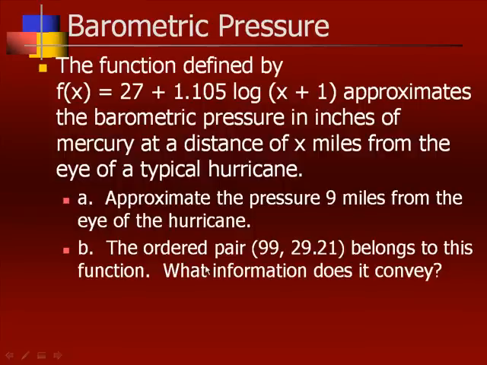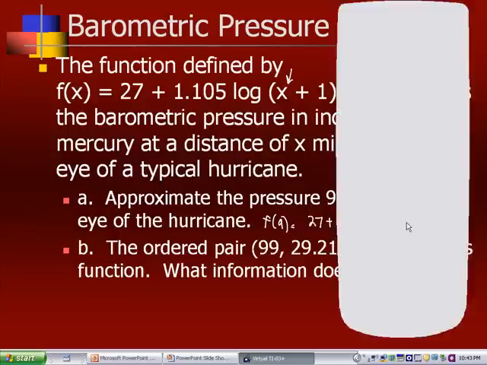Number A says, approximate the pressure 9 miles from the eye of the hurricane. Well, x was the number of miles, so we're just going to plug in and find f of 9, which is 27 plus 1.105 times the log of 9 plus 1, which is 10.